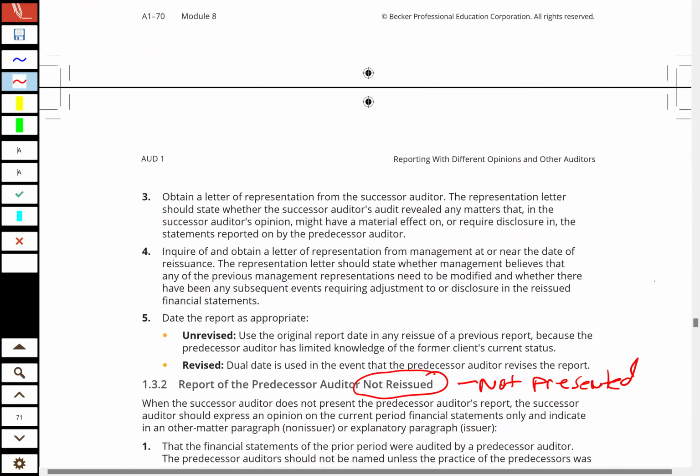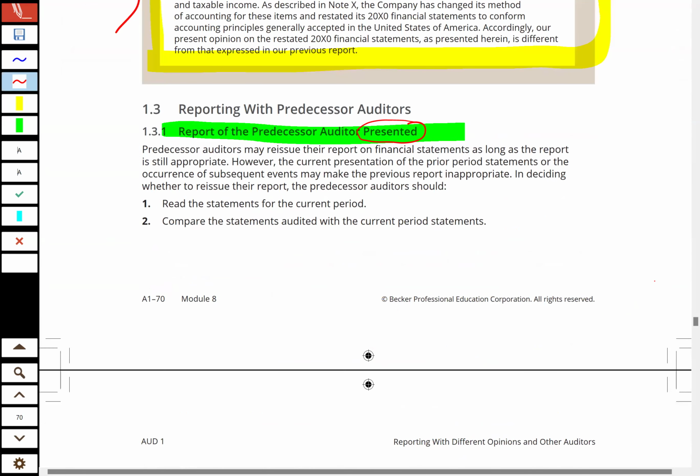Now, let's say going back to the option of presenting it. I say to you, I'd like to present your report. I just want you to reissue your report and have it sit right next to mine. And you say, okay, that's fine. But if you say that's fine, then the onus falls on you, the predecessor, to do certain things before you just let your report be reissued, be published right there next to mine.